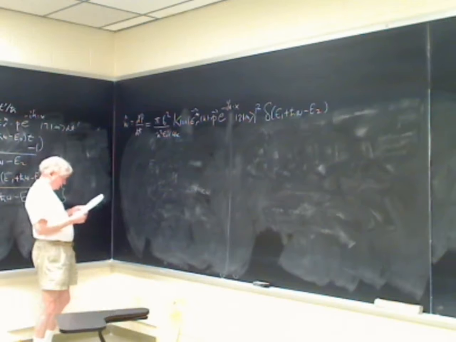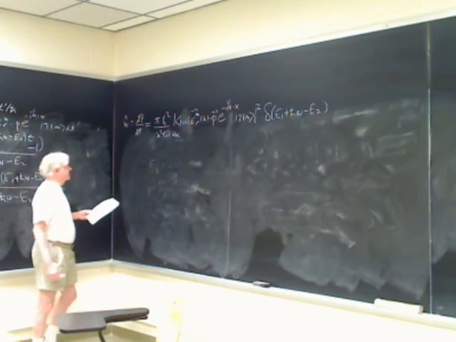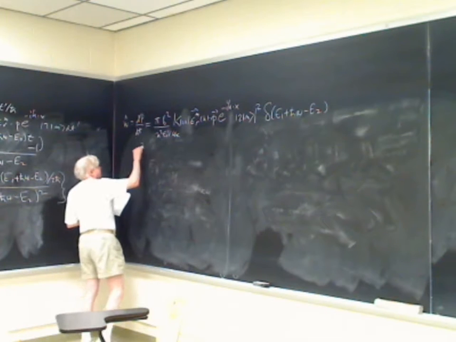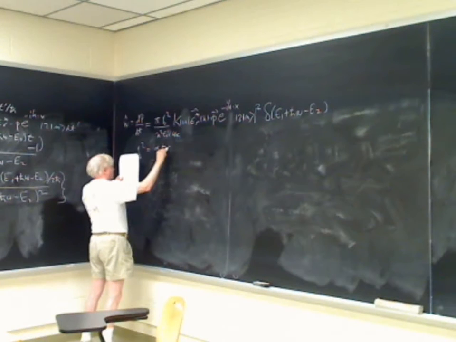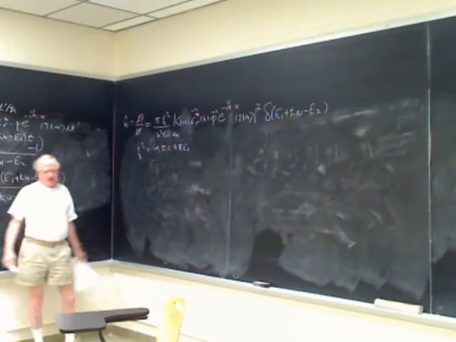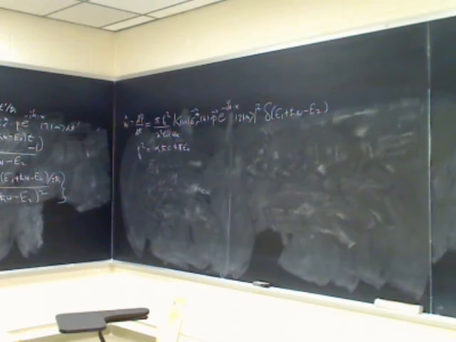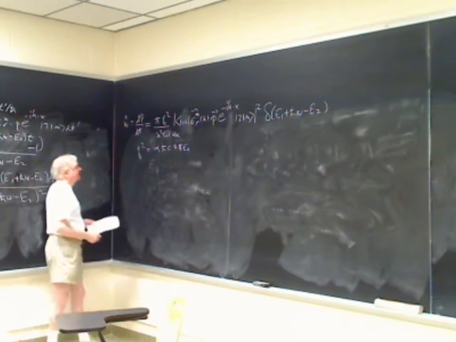In fact I could have skipped a step, because the next thing is just to use this rule to turn the square of the electric charge into the fine structure constant alpha, which is 1 over 137, equal to e squared over 4 pi epsilon 0 h bar c.